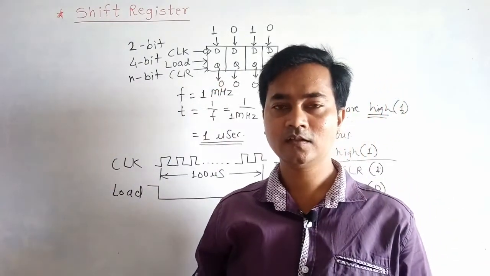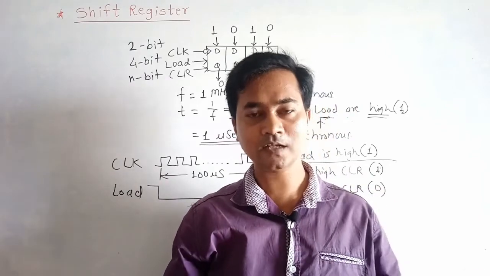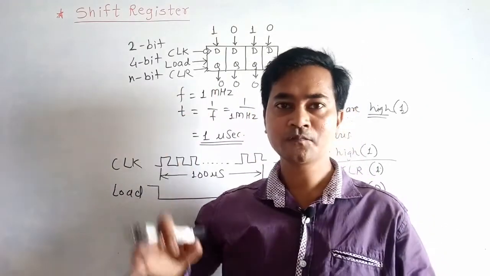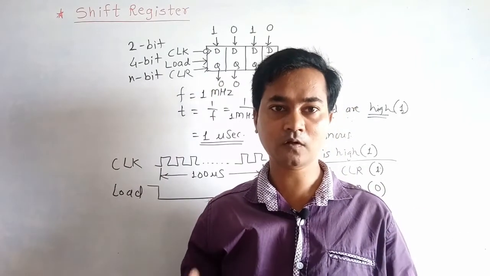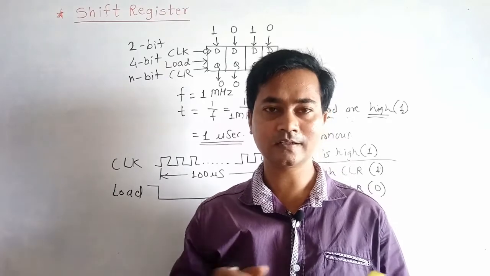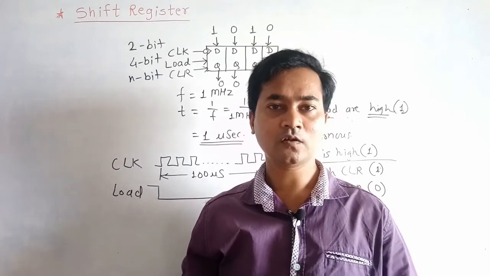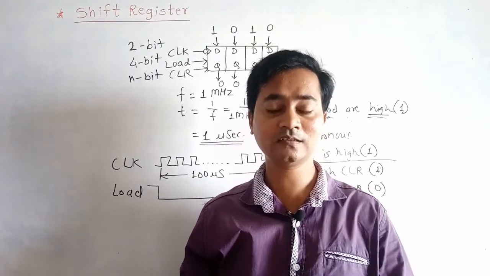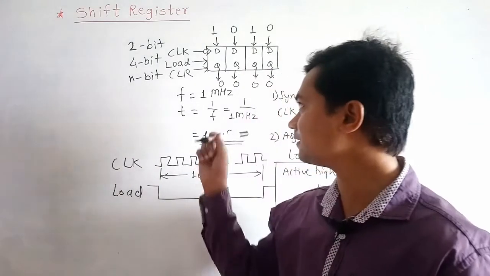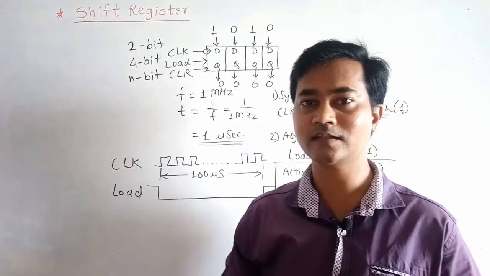And in microprocessor or microcontroller ICs, these kinds of shift registers are available in n number of ways, which can be used as RAM memory, ROM memory, or special function registers, and so on. So I hope you understood shift registers and their applications.